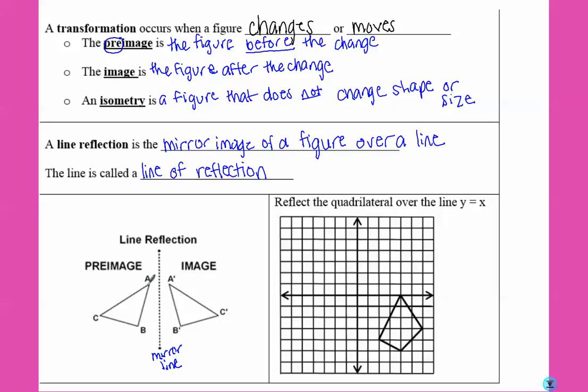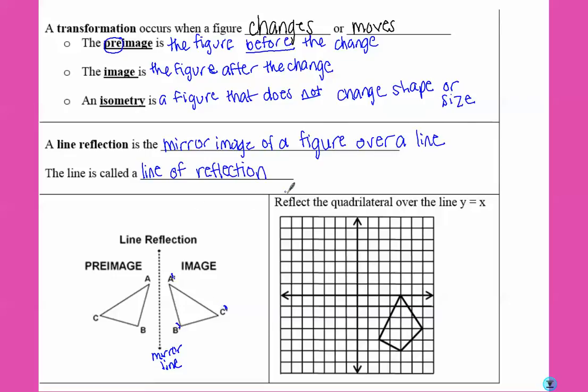However far away A is from this line, A's image, or A prime, mark them with little apostrophes, called A prime, or B prime and C prime, are the same distance away from that line as the original. It's just on the other side.